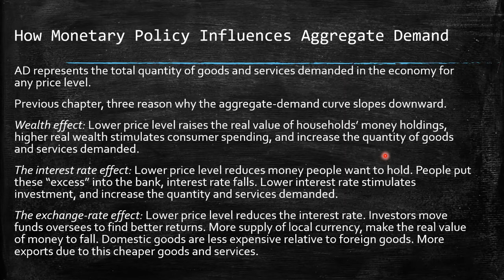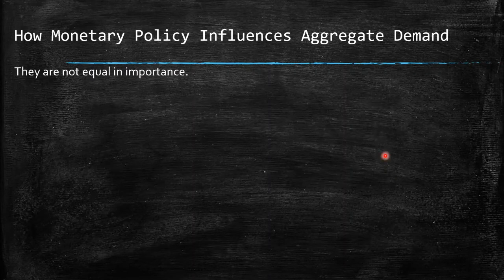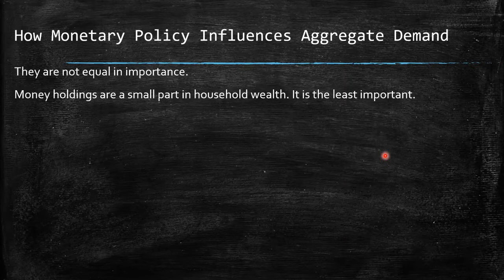As a consequence, domestic goods are less expensive relative to foreign goods. So because of this fall in the real value of money, we have more exports due to cheaper goods and services, because our products at the end of the day are cheaper, so they are demanded more from outside.